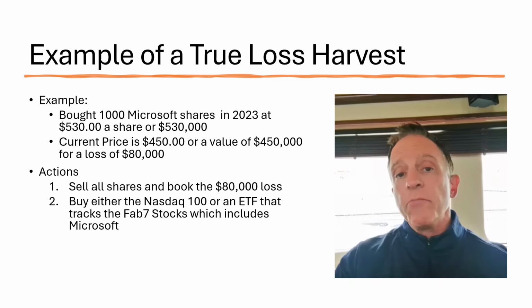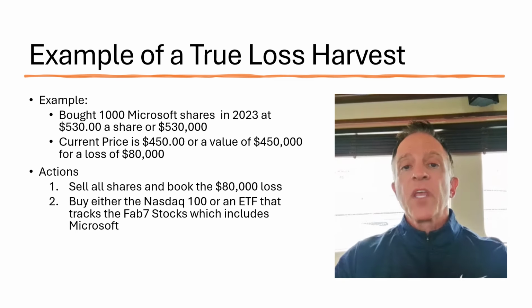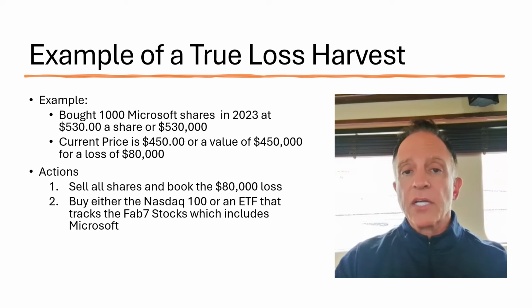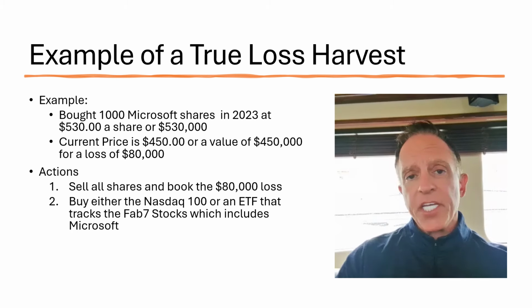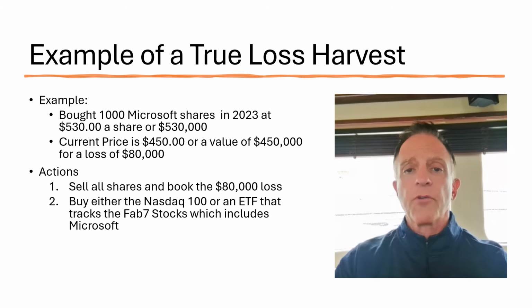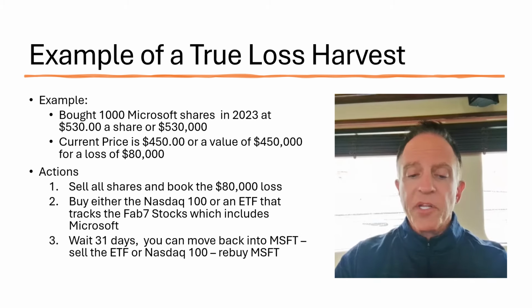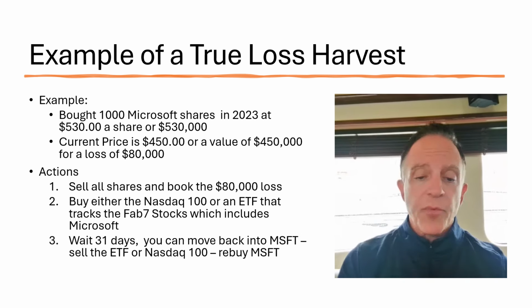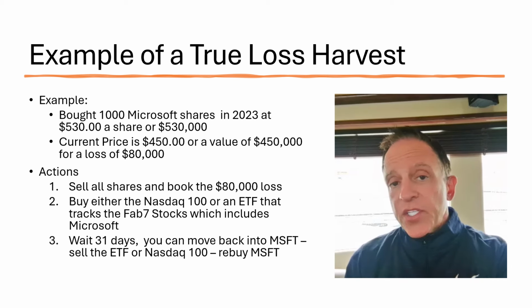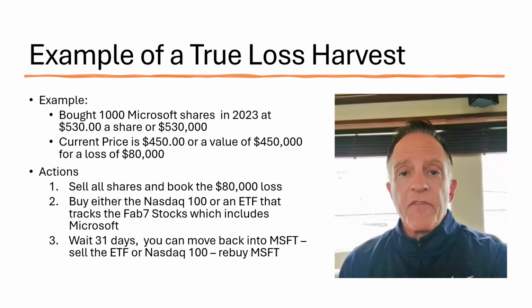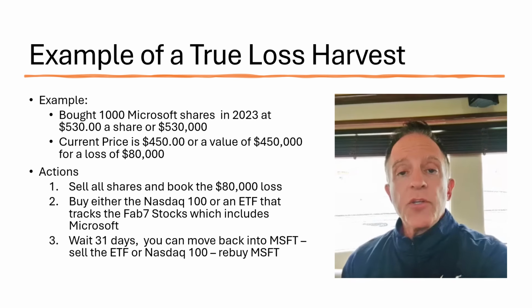It can be, say, an ETF that tracks high-tech stocks. It could be an index like the NASDAQ 100 or ones that track those highly volatile stocks. So anyway, you're going to get back into the market. You wait 31 days. Now, if you want to sell whatever your replacement vehicle was, then you can do that.